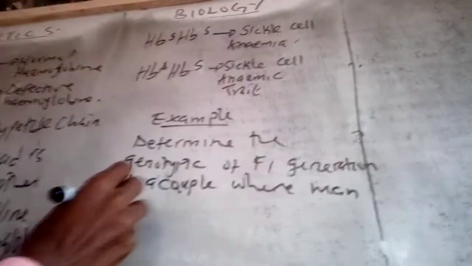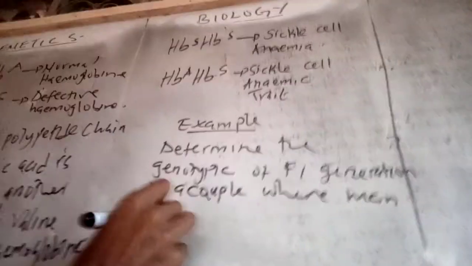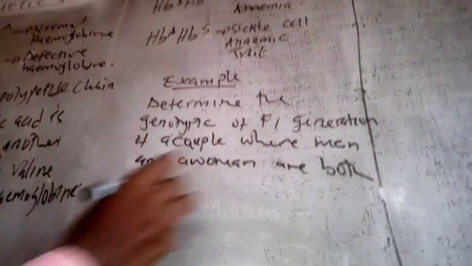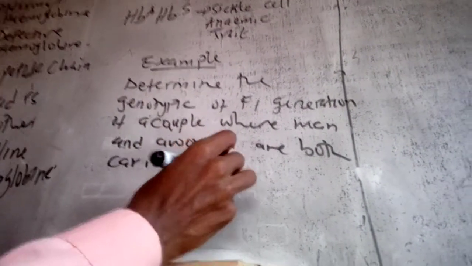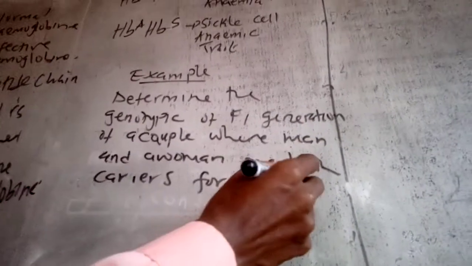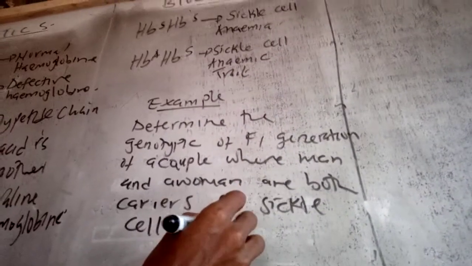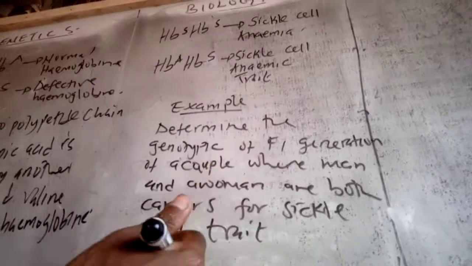You are told to determine the genotypic ratio of the F1 generation of a couple where a man and a woman are both carriers for sickle cell anemic trait. And therefore, what are you supposed to do?